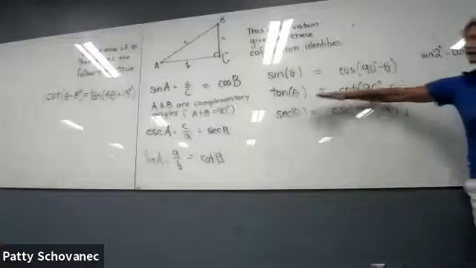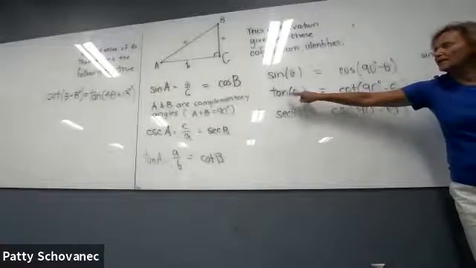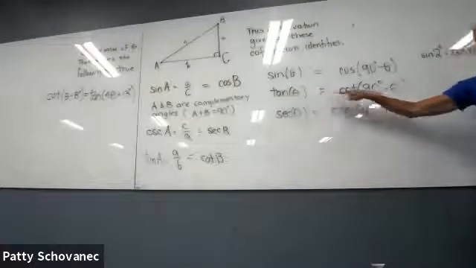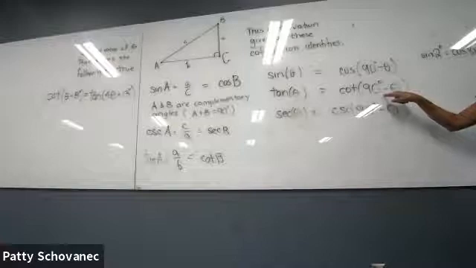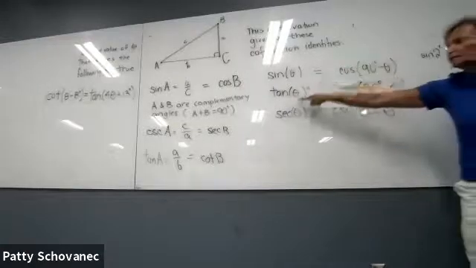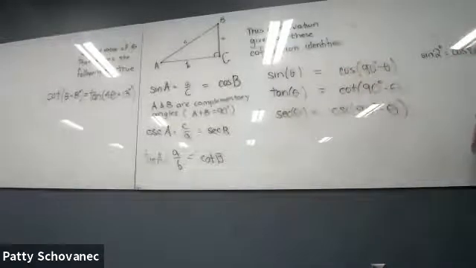So this is what I'm telling you here. The tangent of one quantity is equal to the cotangent of another quantity only if the two things in the parentheses add up to 90 degrees. For a tangent to equal a cotangent, their two angles must be complementary.